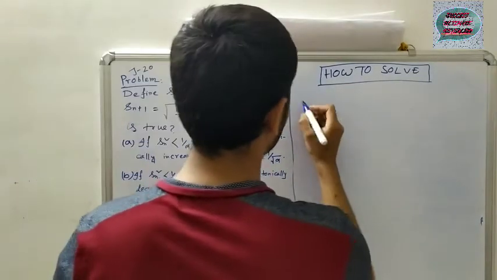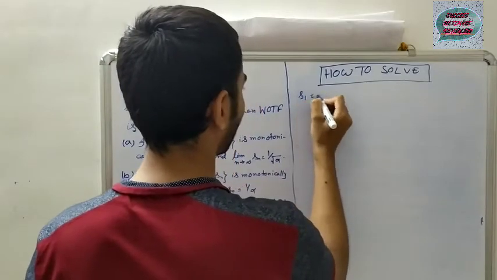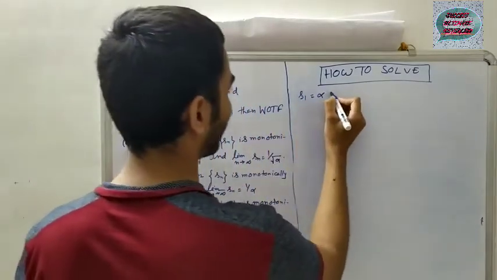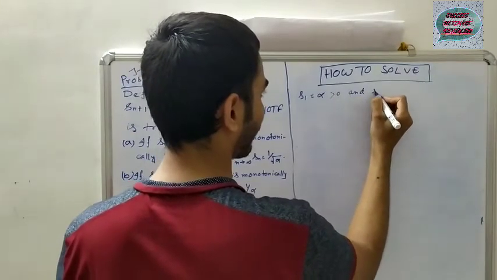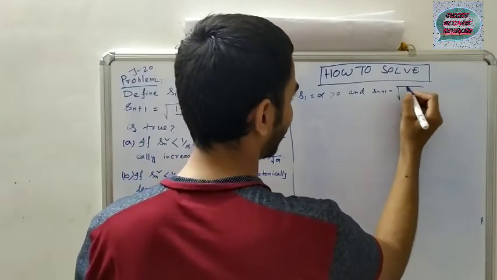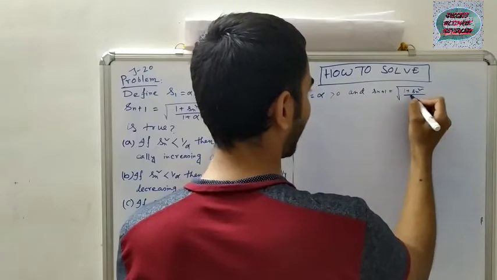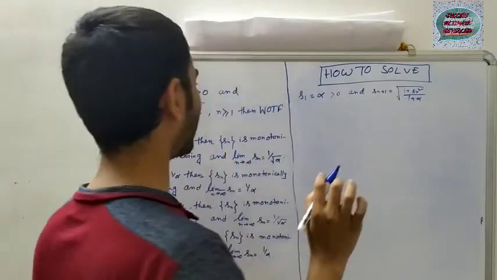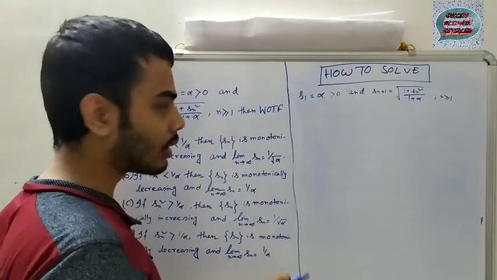Given that S1 equals alpha, where alpha is greater than 0, and Sn+1 equals root of (1 + Sn²)/(1 + alpha), and n is greater than or equal to 1. That is the given problem.